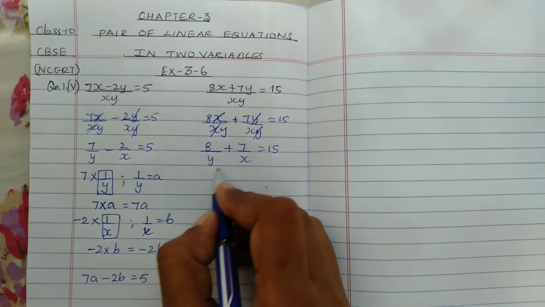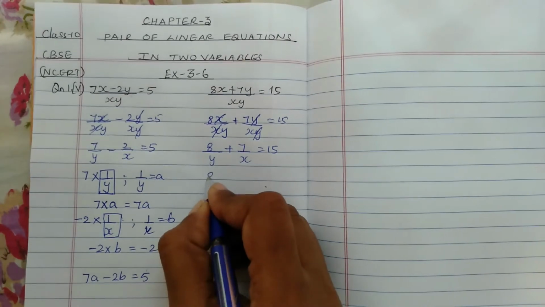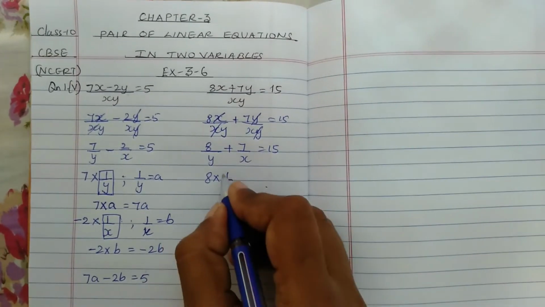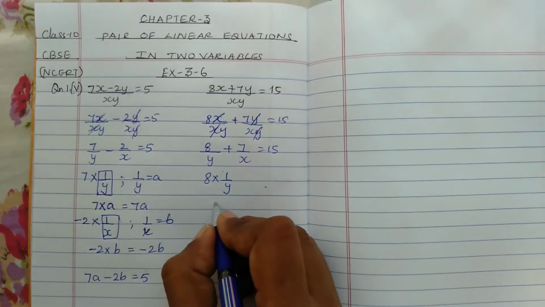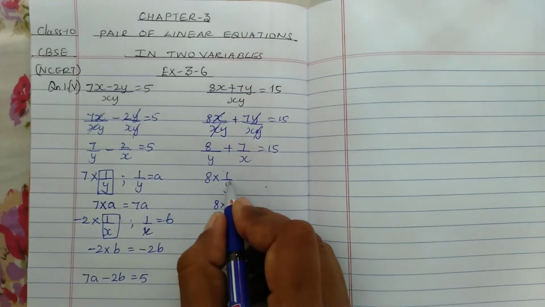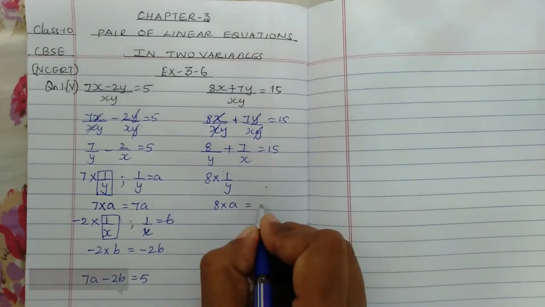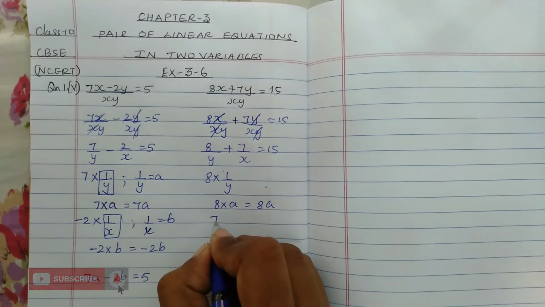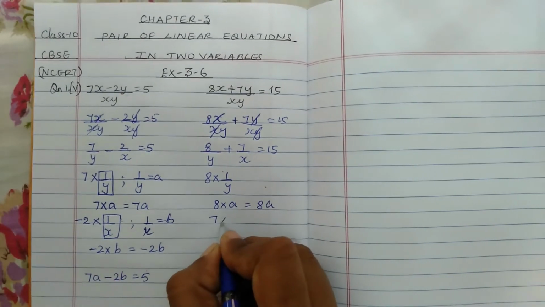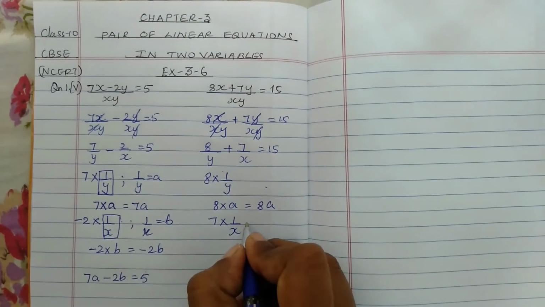We can split 8 by y as 8 into 1 by y. Now as we have already given 1 by y a value, let's replace it here. So 8 into 1 by y is a, so let's write a. So this will give us 8a. And same way for the second term, let's split it as 7 into 1 by x.